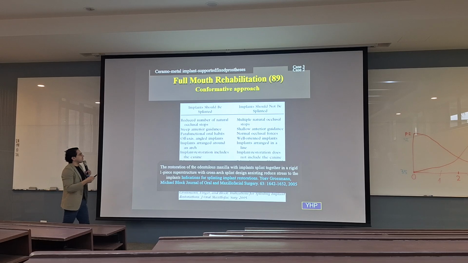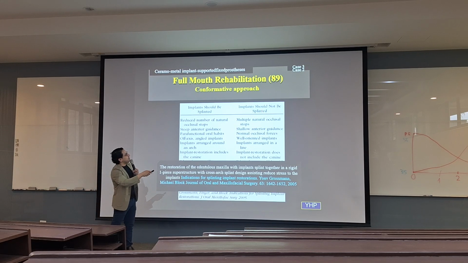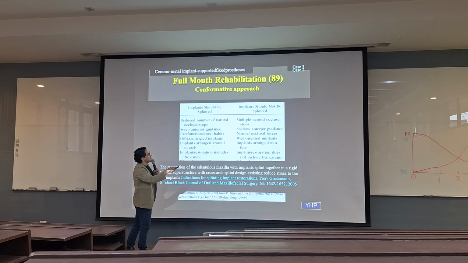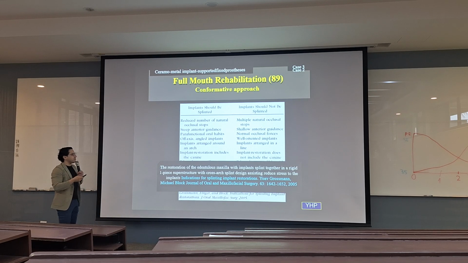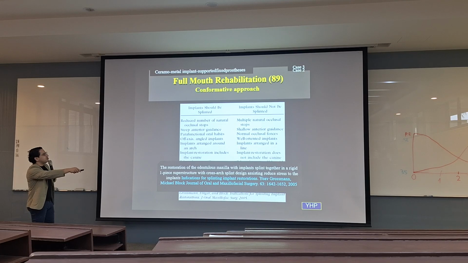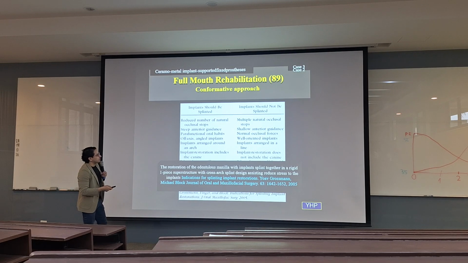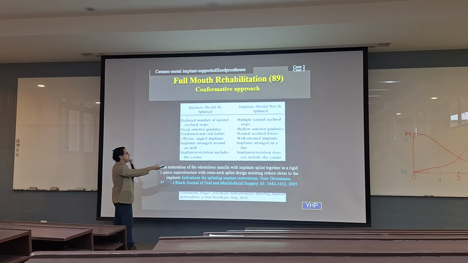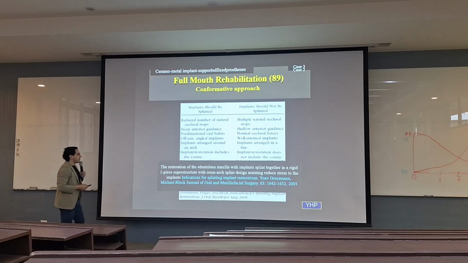So there are some cases where you can splint the dental implants, but there will be other cases where you cannot do it. If there are multiple natural occlusal stops, then you don't splint, you just use them one at a time. If you have a shallow anterior guidance, you just put your crowns on one dental implant each, and you don't include the canine guidance. Okay?